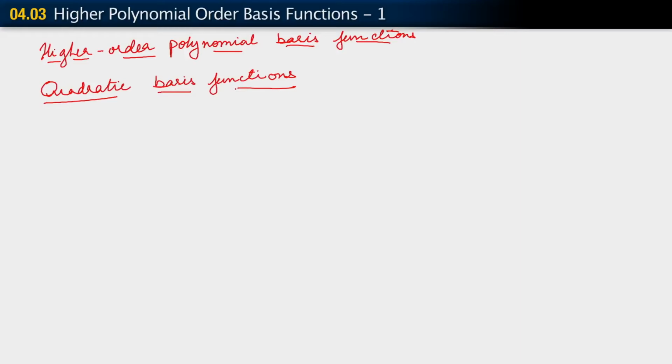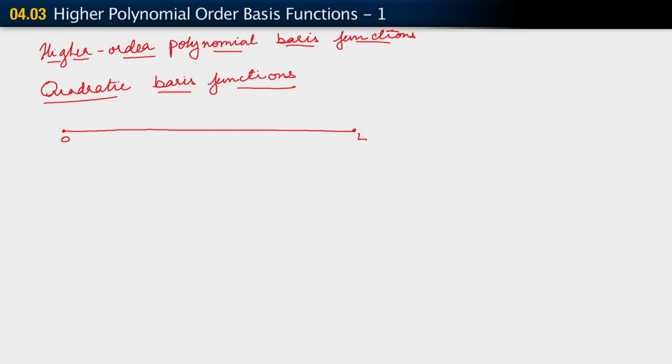Okay, so when one is talking about quadratic basis functions for a one-dimensional problem, here is the setting. This is our domain of interest, and this is 0. That point is L. Okay, and we have our nodes, right?